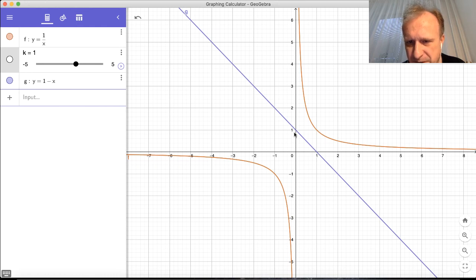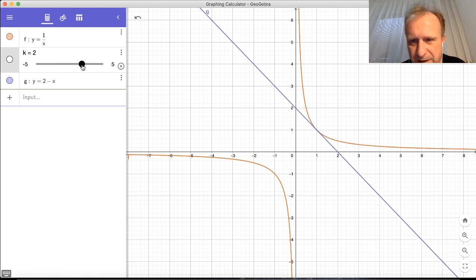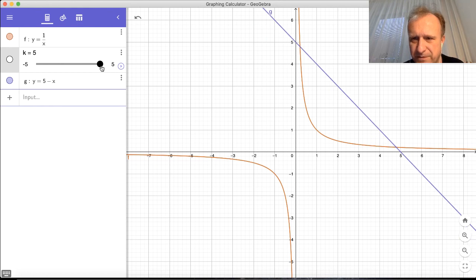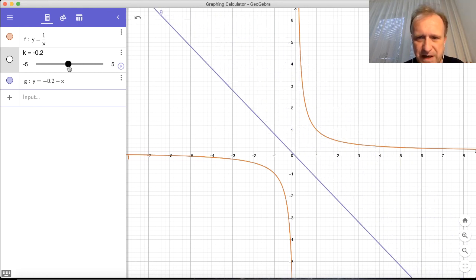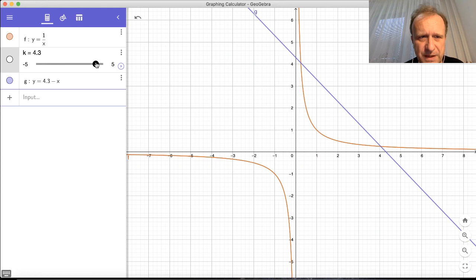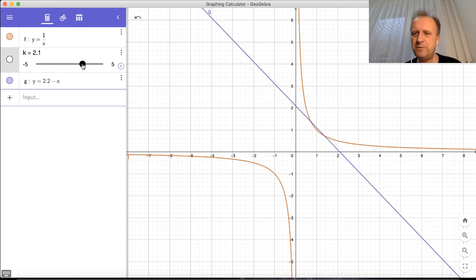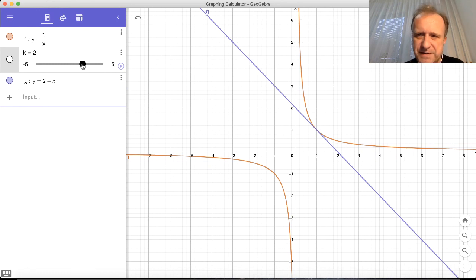These two numbers have to be equal. If k is 2, for example, then the y-intercept is 2, and also the x-intercept has to be 2. So this should give you an idea of the behavior of this sliding function when I change the values of k. And now you can see yourself what the answer to this question in part C is.